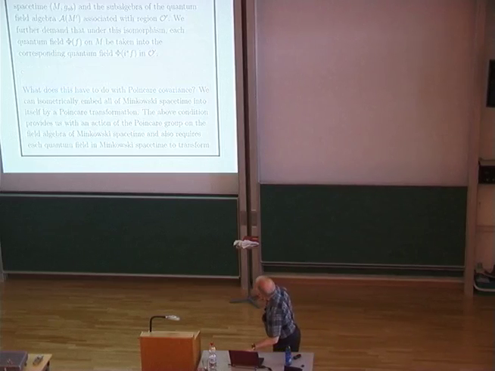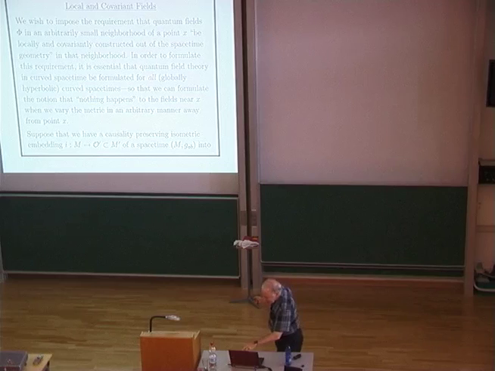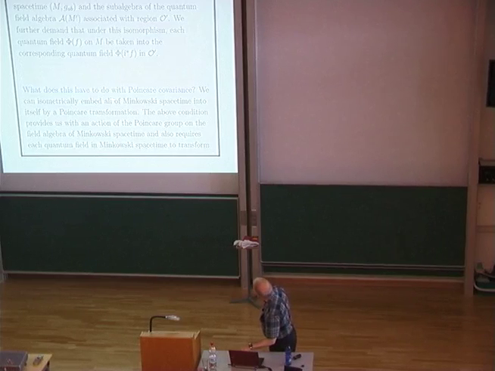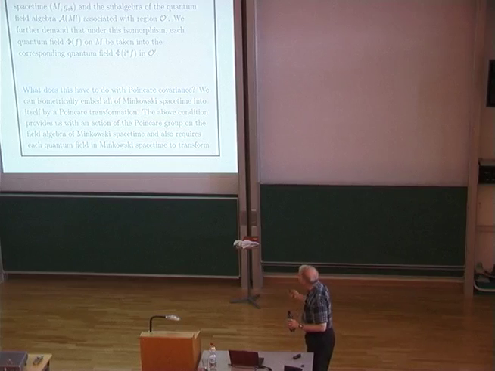So the imposition of this local and covariant condition is a condition that, when specialized to the Minkowski space-time example, can be seen to contain much of the essential ingredients of Poincare invariance and Poincare covariance of the fields.